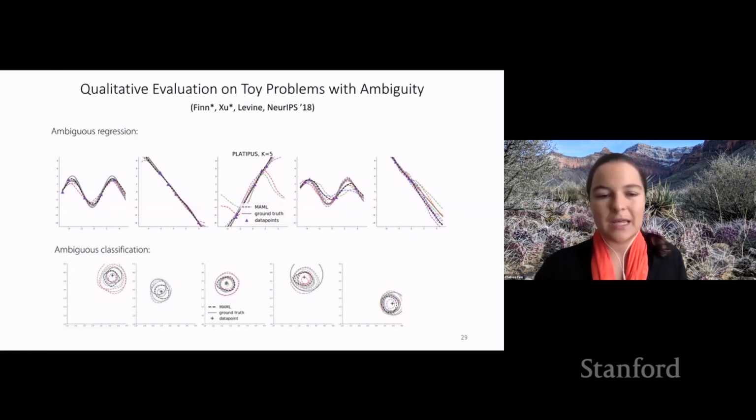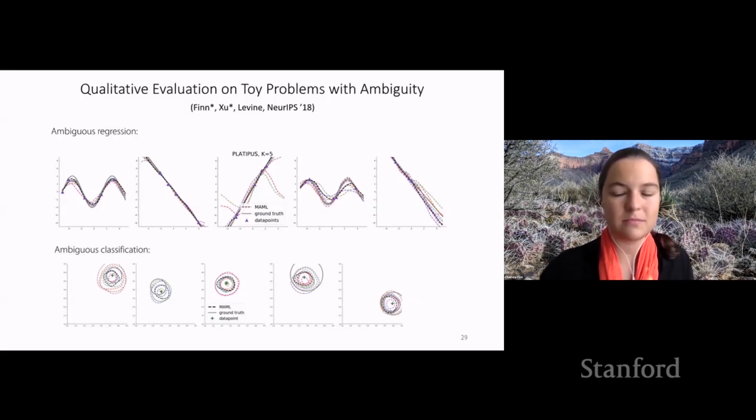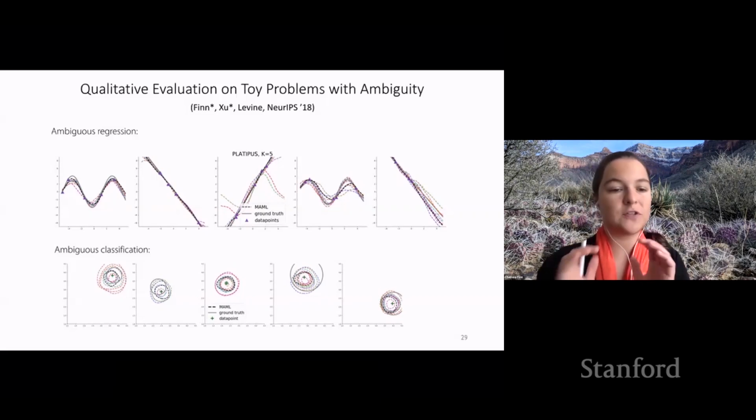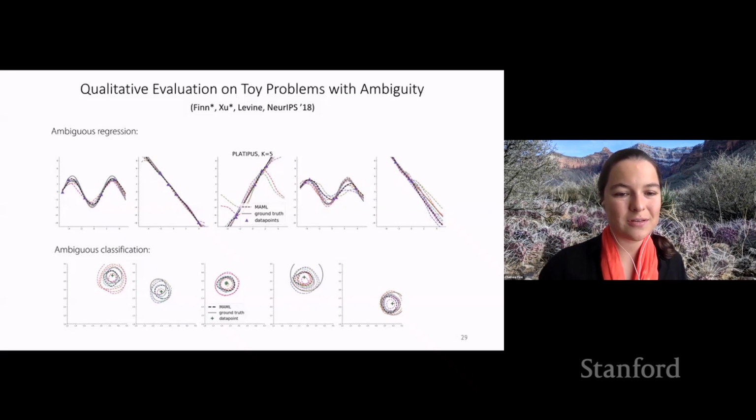You can also design an ambiguous classification problem where all of the problems in the data distribution have circular decision boundaries, but you only give it one data point to infer the function from.